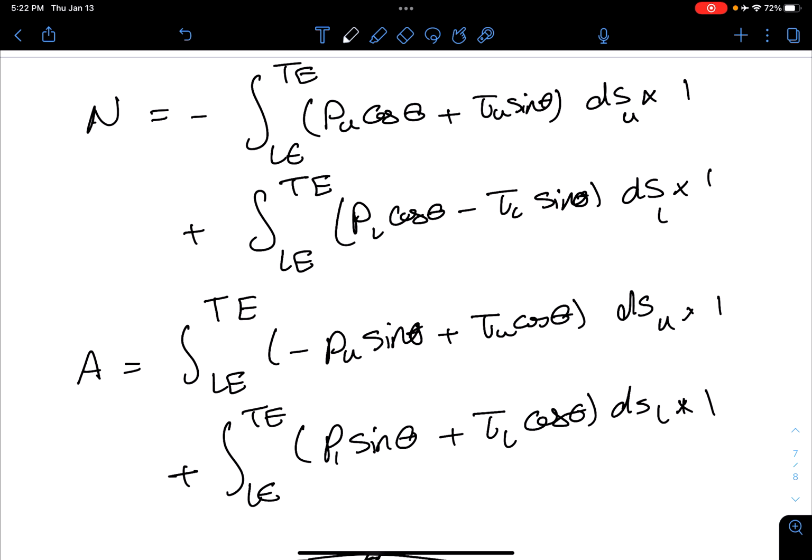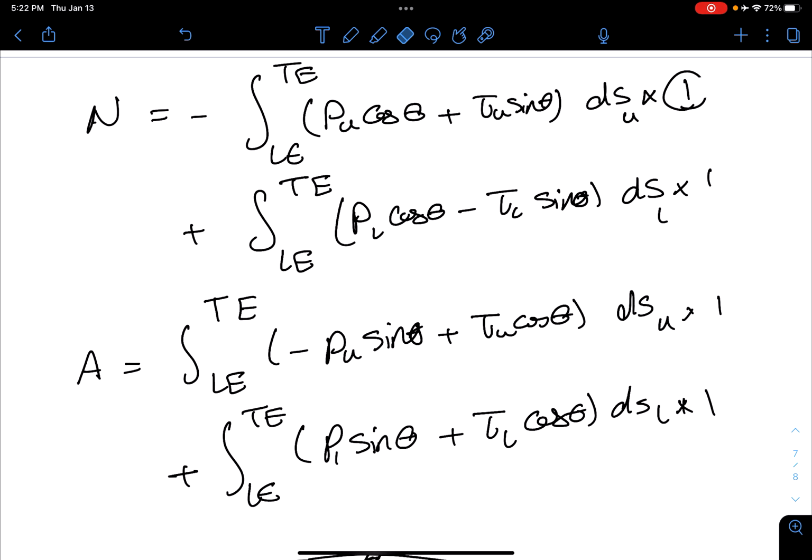We have to move it to the other side. If we move this 1 to the other side, the unit here is going to be newtons per meter, right? It is not going to be newtons anymore. So we are not talking about the total force. We are talking about the force per unit length, not per unit area anymore, because we assume the unit depth for the system.